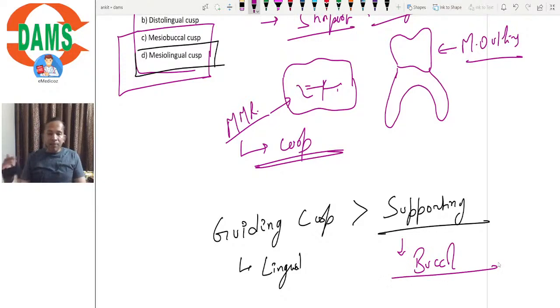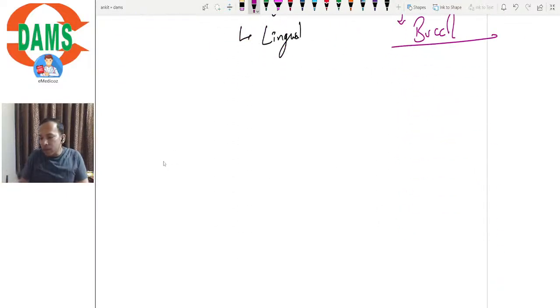So buccal cusp would be less prominent as compared to the lingual cusp. It would be blunt, flatter as compared to the lingual cusp. So lingual cusp is sharper and it is larger in the mandibular first molar. In case of the maxillary first primary molar, it would be the mesiobuccal cusp, which will be the largest and the sharpest cusp.